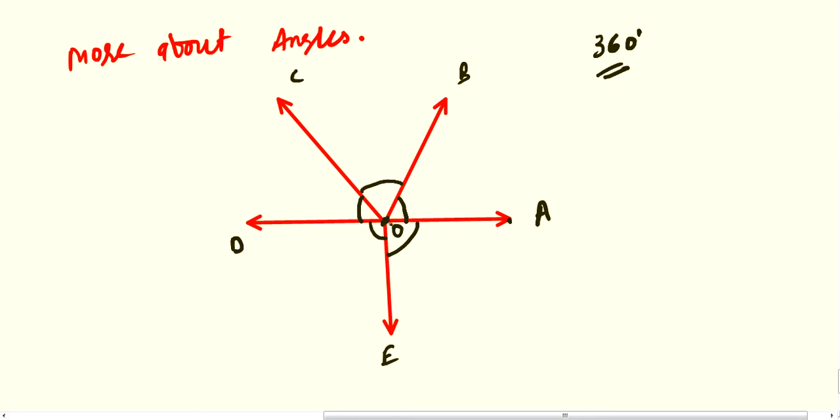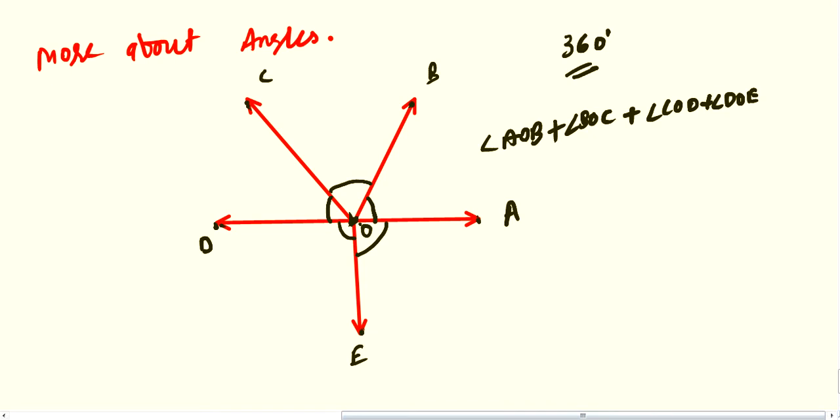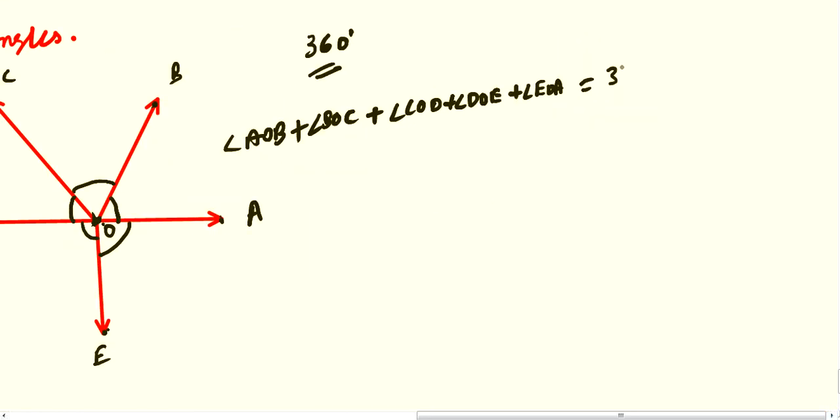The first angle is A, O, B. Then second one is B, O, C. Then C, O, D. Then D, O, E. And in the last, E, O, A. So this total sum is 360.